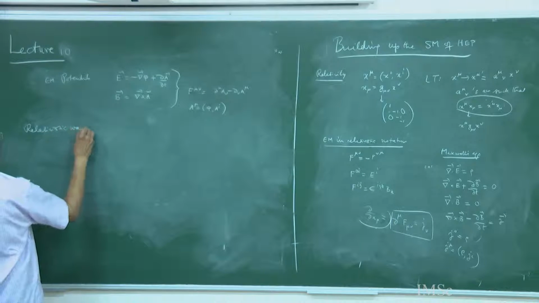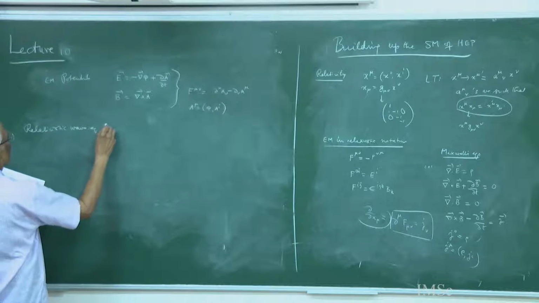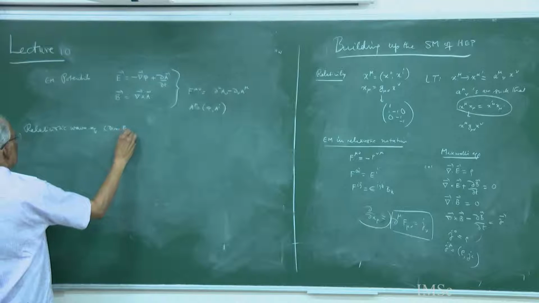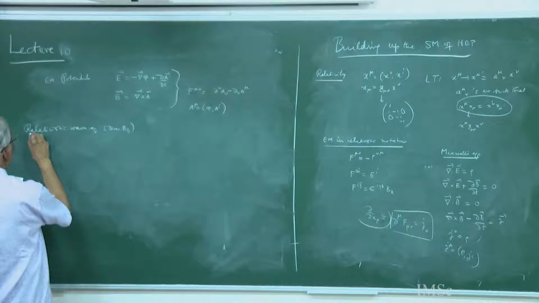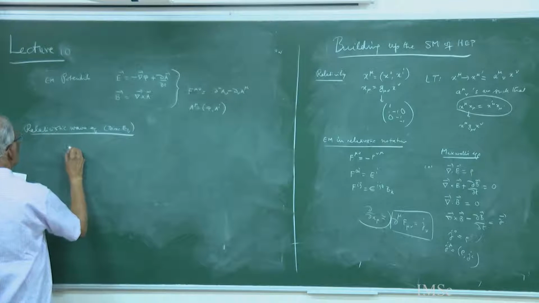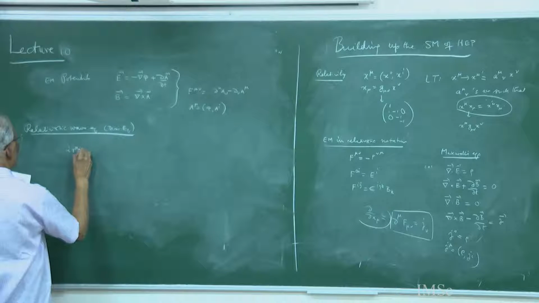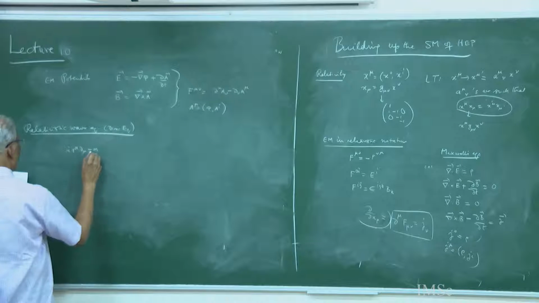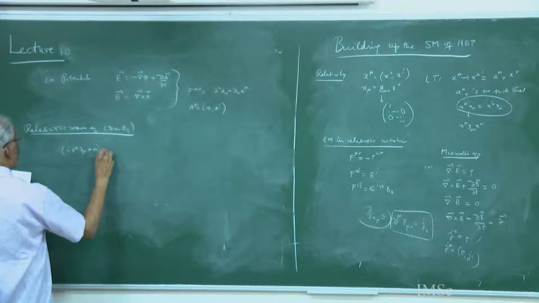Relativistic wave equation, namely Dirac equation: i gamma mu d mu minus m, or plus m, I do not remember, into psi equal to 0.